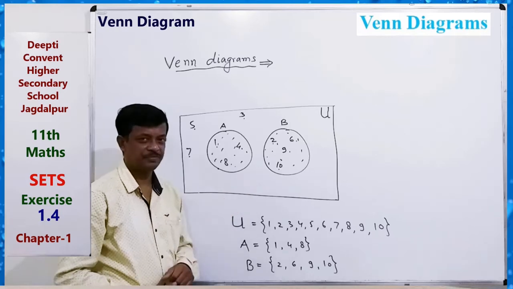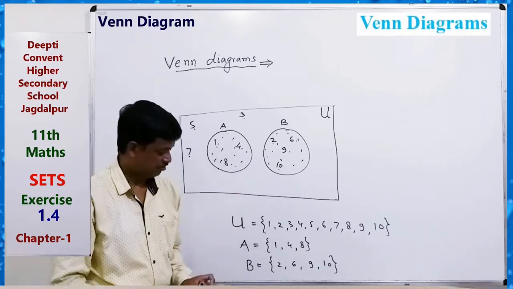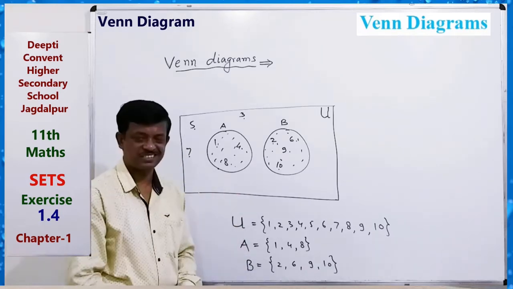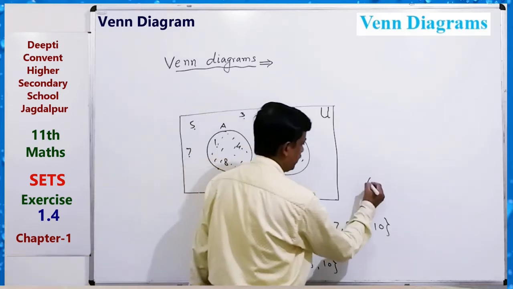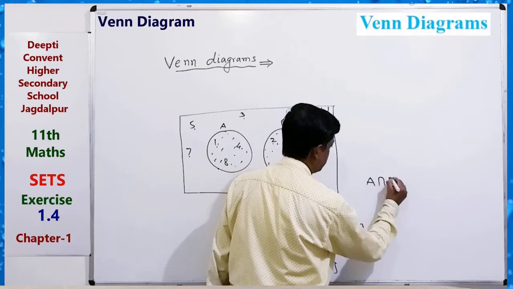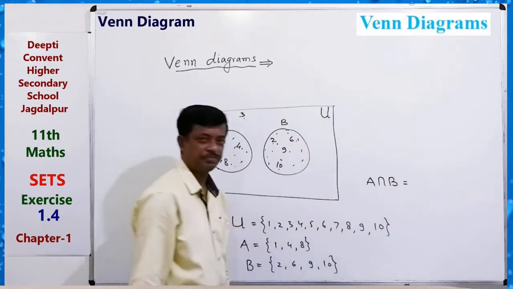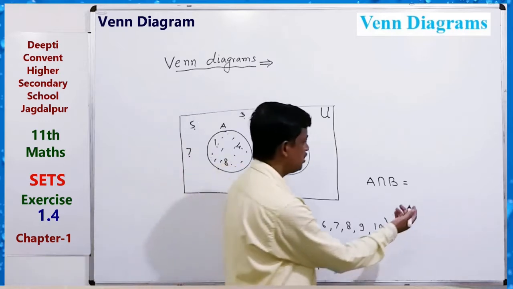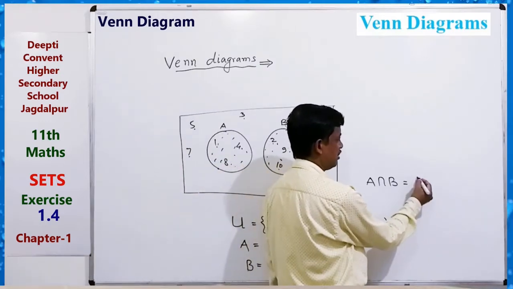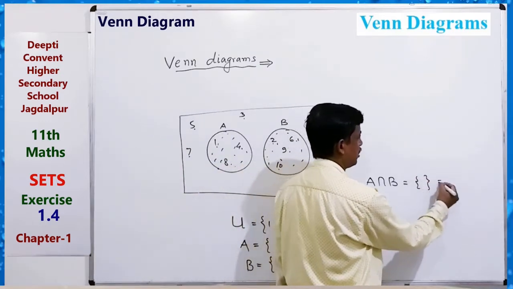But for intersection, when two sets have no common point, then A intersection B is equal to what? There is no point. No point means the set is what? That is phi.